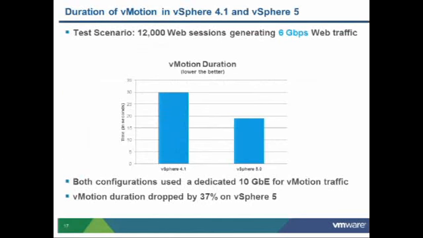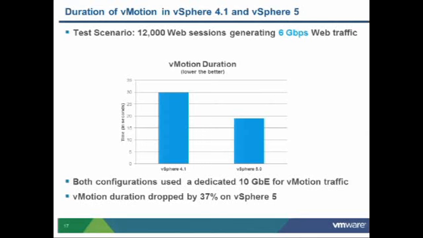So here, let's just focus on the total duration. What we are comparing in this figure is the total duration that we needed to complete the vMotion on both vSphere 4.1 and vSphere 5. And as I said, we were running at 12,000 browser sessions, which generated as much as 6 Gbps client traffic. So obviously, this is a very heavy-duty VM with about 6 Gbps web traffic.